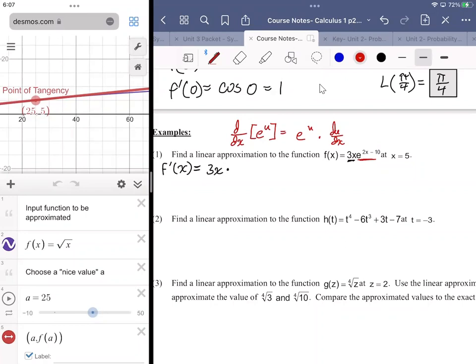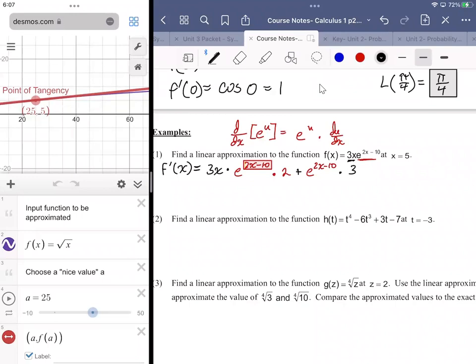So when I take the derivative of e to the 2x minus 10, it's e to the 2x minus 10 multiplied by the derivative of the exponent itself. Because that's a linear expression, the derivative of that is just a 2. So plus my second function, e to the 2x minus 10, times the derivative of the first, which is just a 3.